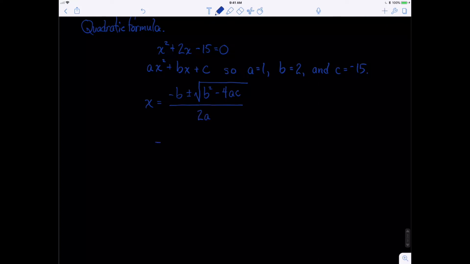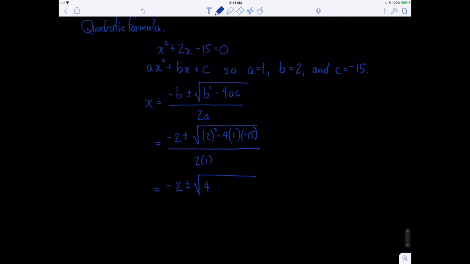Now let's put in our actual values. Negative b, so I have minus 2, plus or minus the square root of b squared, so that's 2 squared, minus 4 times a, which is 1, times c, which is minus 15. All of that is over 2 times a, which is 1. So now we just clean up our arithmetic. We have minus 2 plus or minus the square root of 4.